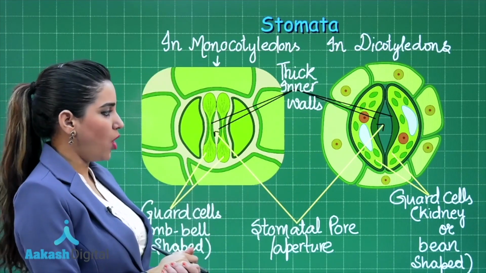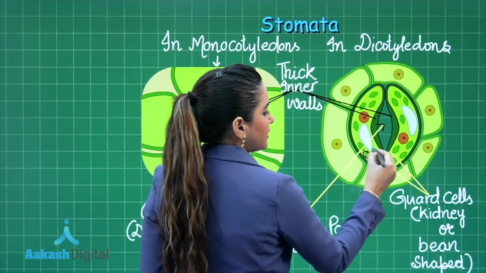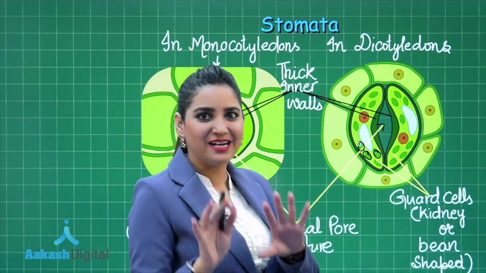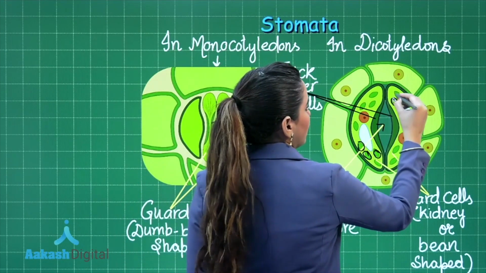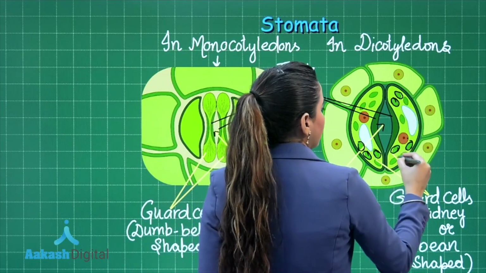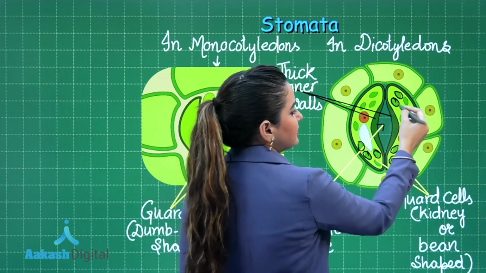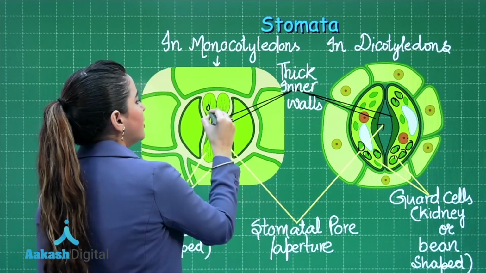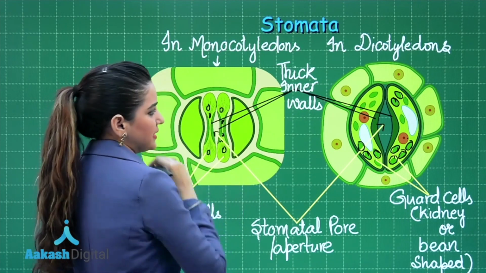And one more thing is common. Guys, please focus here. What is this? This is not meant for any beautification purpose. These are chloroplasts. So guard cells will have chloroplasts. What is this red color structure? This is the nucleus and this is a vacuole. Here the picture is a bit different, but it will also have chloroplast. Guard cells do possess chloroplast.